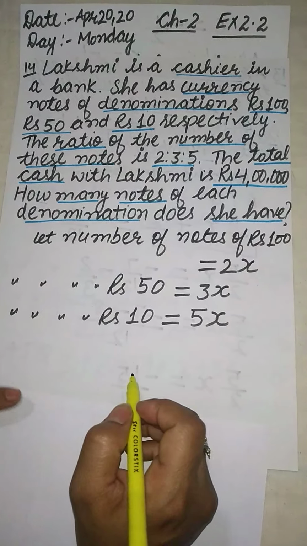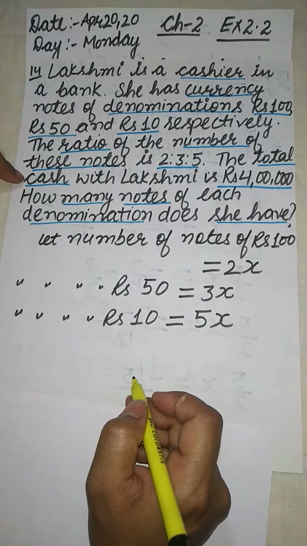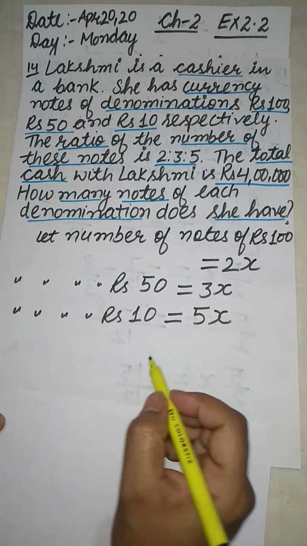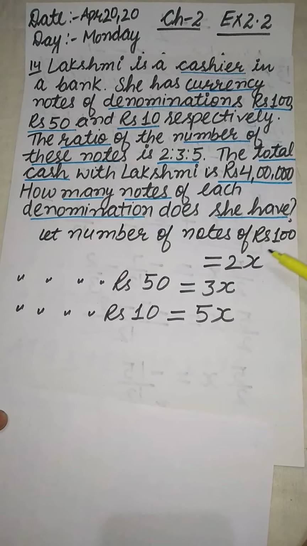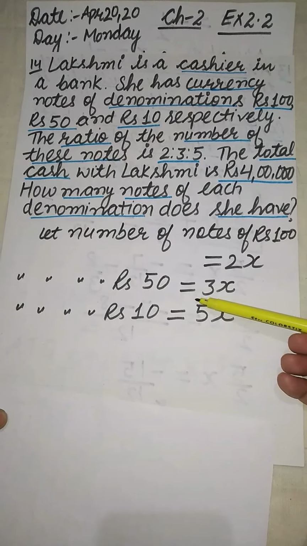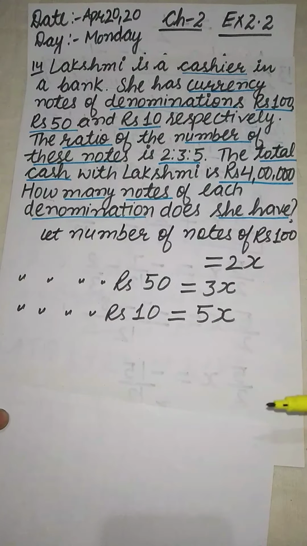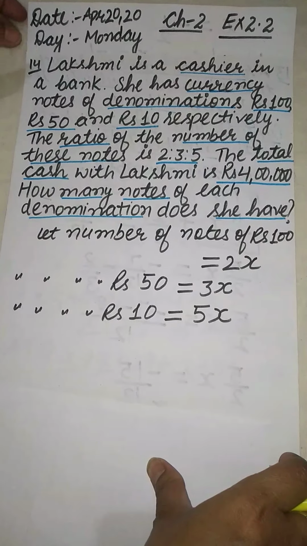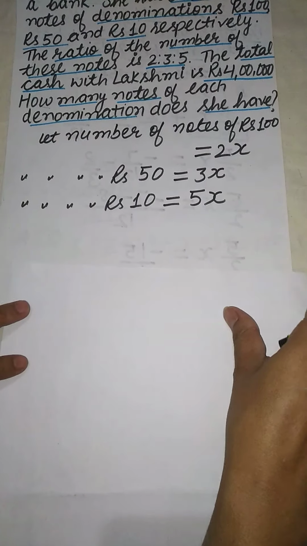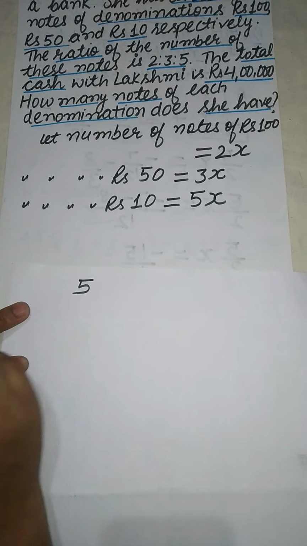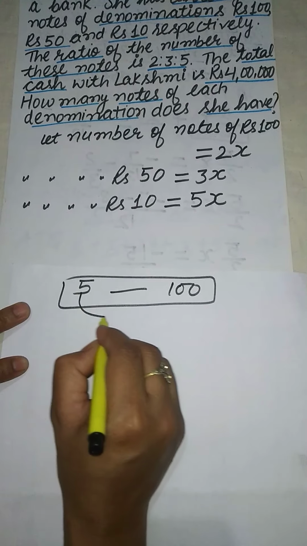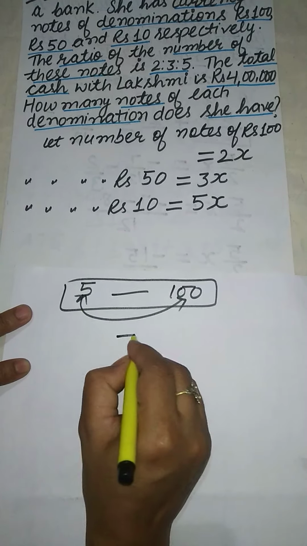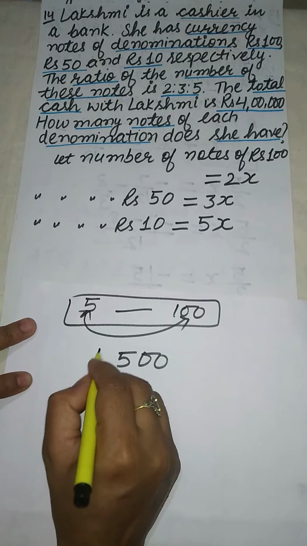Now, as the total amount is given, firstly we must know how much amount of rupees 100 we have, from rupees 50 we have, and rupees 10 we have. Generally, suppose I have 5 notes of rupees 100, then what will be the amount? 5 multiplied by 100, that is 500.